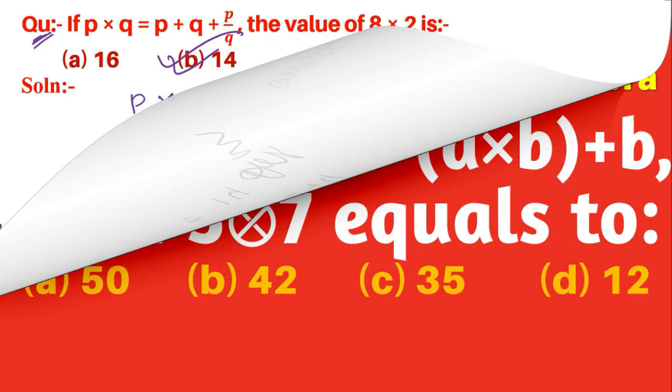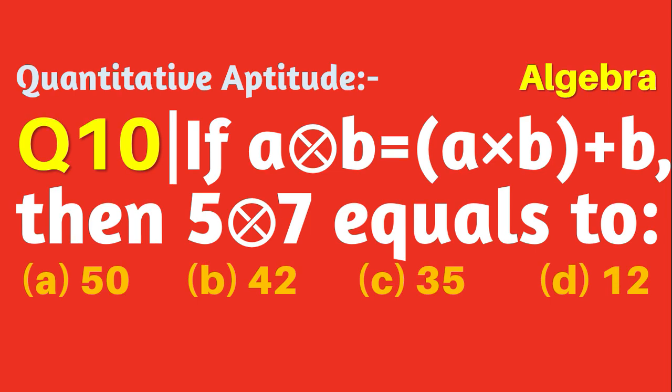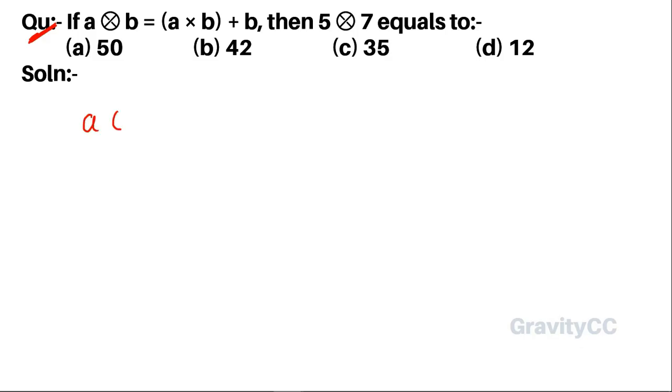If A circle crossing line B is equal to A multiply B plus B, then 5 circle crossing line 7 is equal to. A circle crossing line B is equal to A multiply B plus B. So now we replace A by 5 and B by 7.